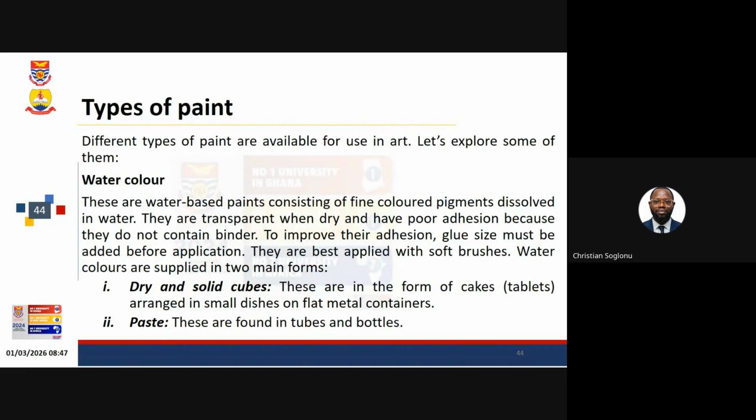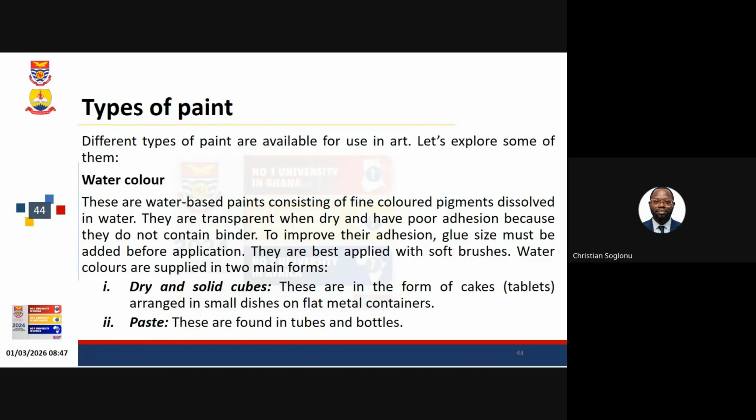Watercolors are supplied in two main forms. Watercolor is a type of paint which is hydrophilic, which uses water as a thinner. It normally uses a soft brush.